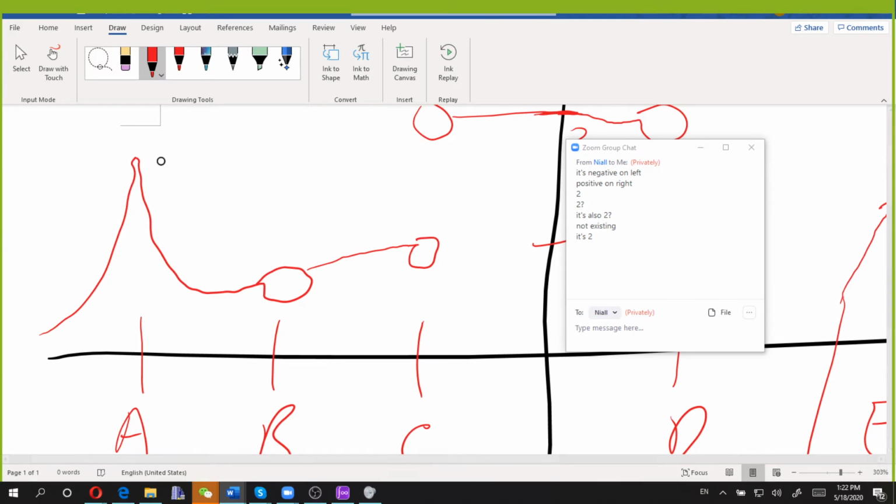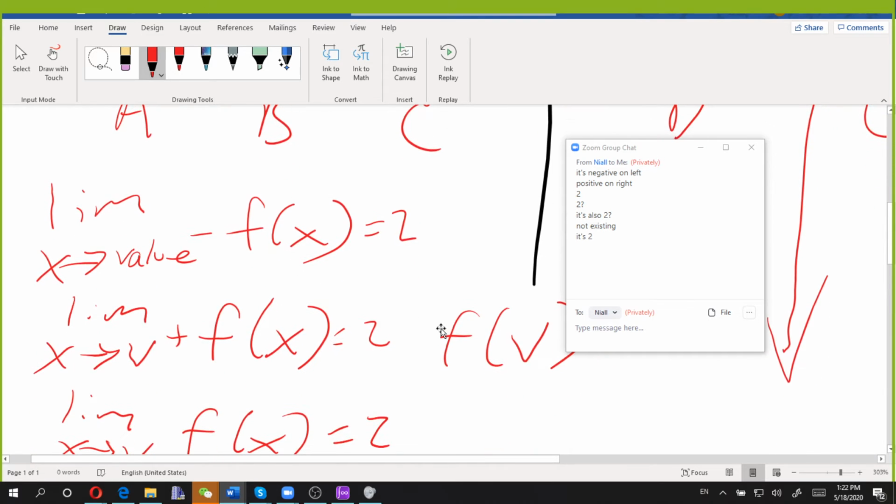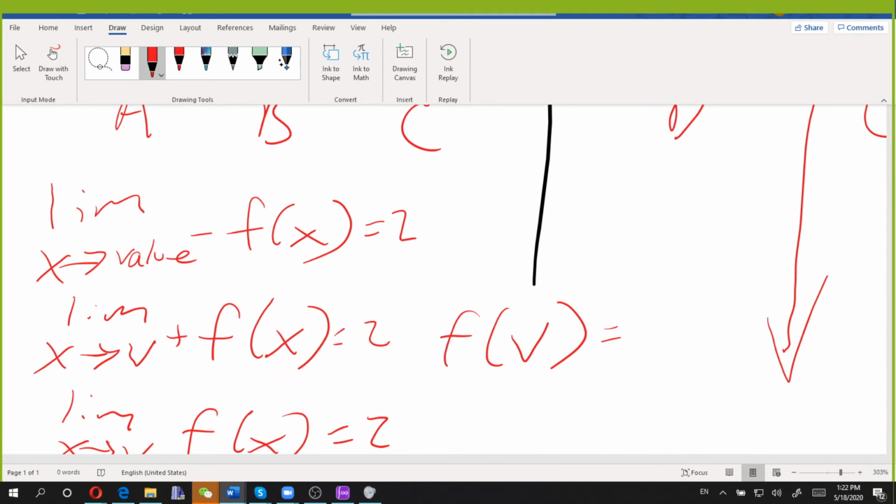But my function is continuous, so that point does exist. So the y value is also 2. Okay, so everything is 2.